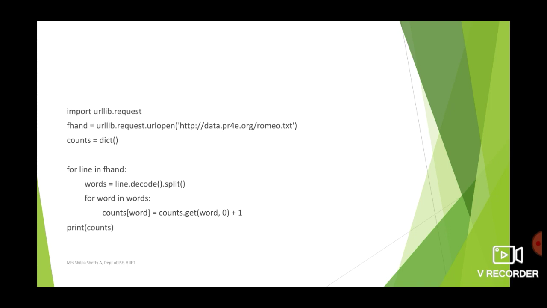So we write words is equal to line.decode().split(). Now, for each word in words, what happens is we are returned a list when we use the split function. So for every word in the list, counts[word] is equal to counts.get(word, 0) + 1. So we are creating a dictionary with the actual word as the key.